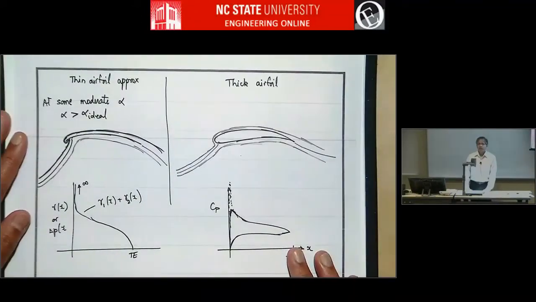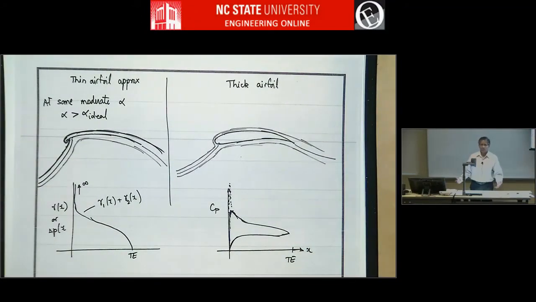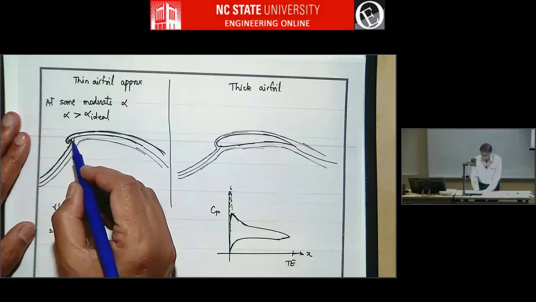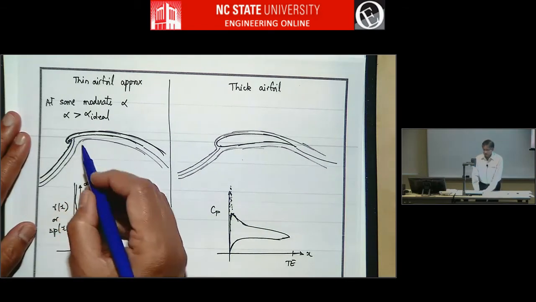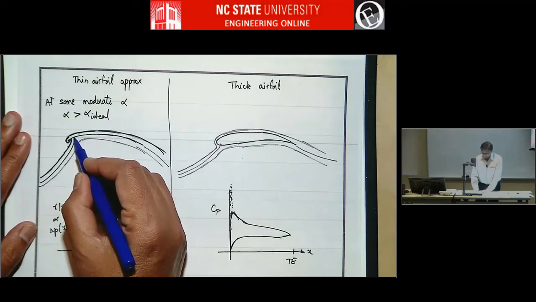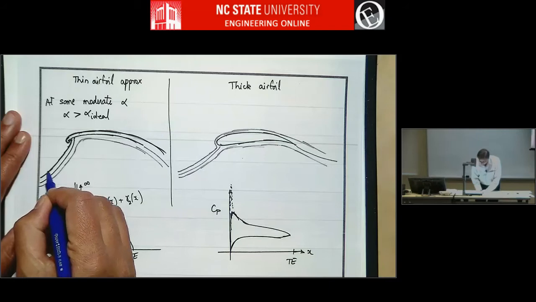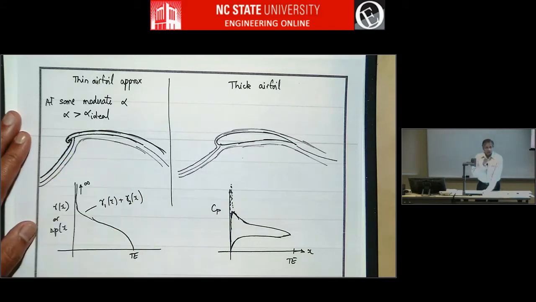So when alpha is greater than alpha ideal, at some moderate angle of attack, the stagnation point will not coincide with the leading edge. The stagnation point will come below the leading edge on the lower surface. And so there are some streamlines that will have to go near the stagnation point.